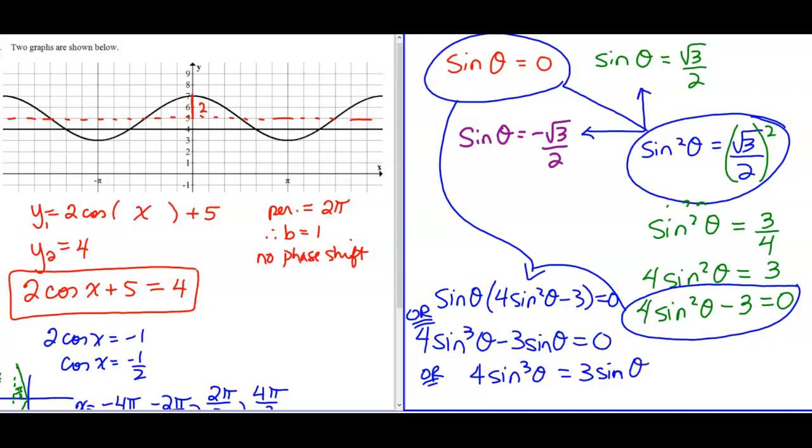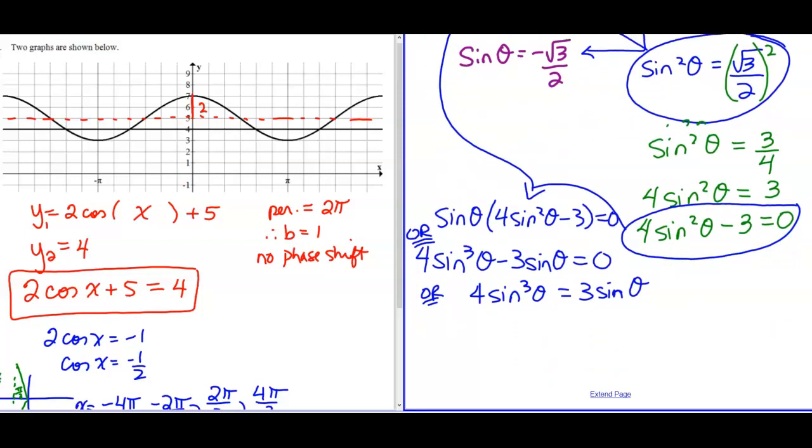If you do show it like this, or say you're given something like this, don't divide by sine theta. You'll miss a solution. Okay? Just like back in Math 10, if we gave you 3x minus 2 equals 4, no, it won't be that.